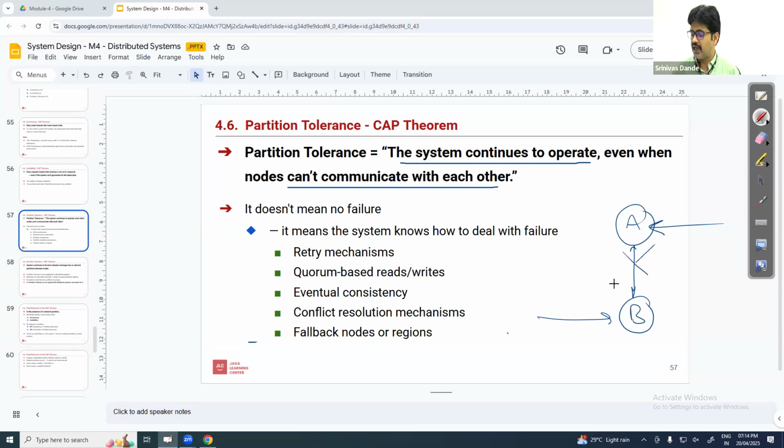Suppose there is a network crash, a network problem between these two nodes. Now B is unable to talk to A, and A is unable to talk to B. When you send a request to B, will B respond to your request or not?